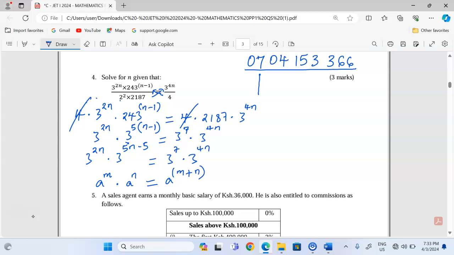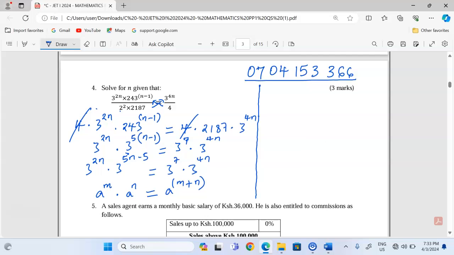Therefore, applying the same on both the right hand side and the left hand side, we're going to have 3 raised to 2n plus 5n minus 5. This is equivalent to 3 raised to, on the right hand side, 7 plus 4n.